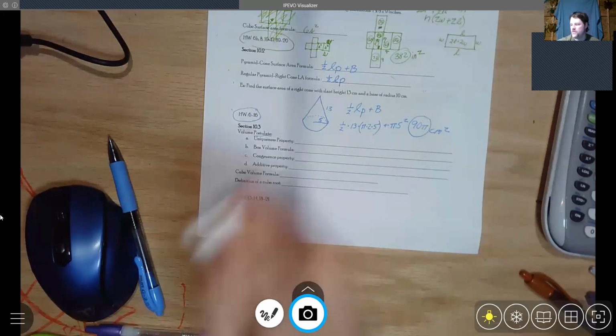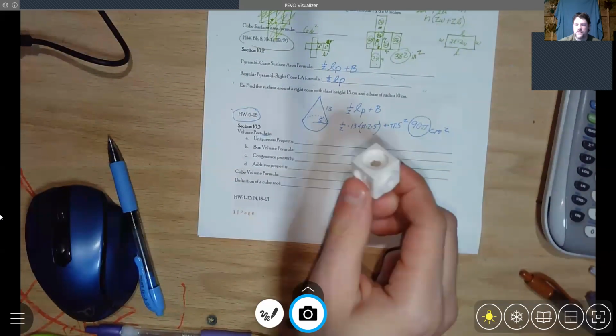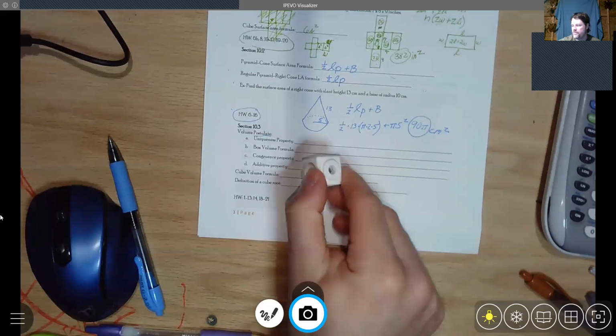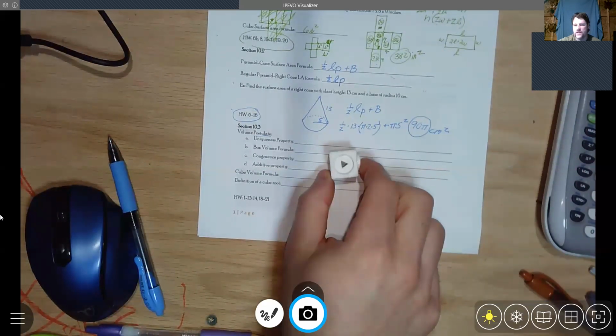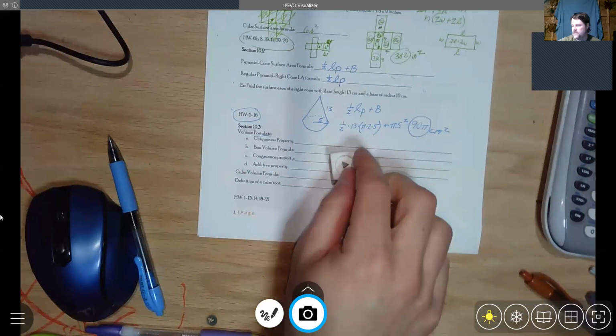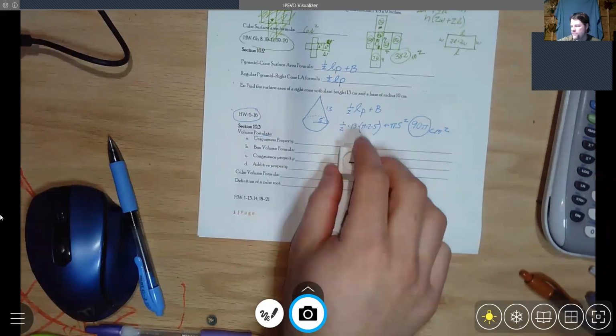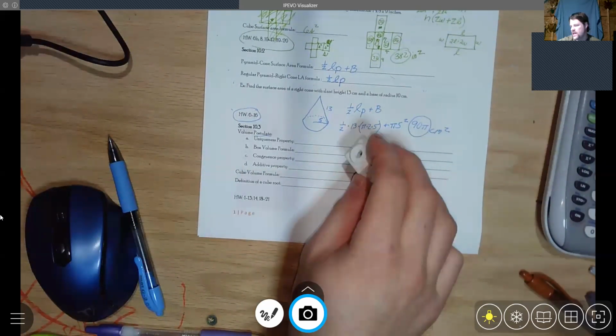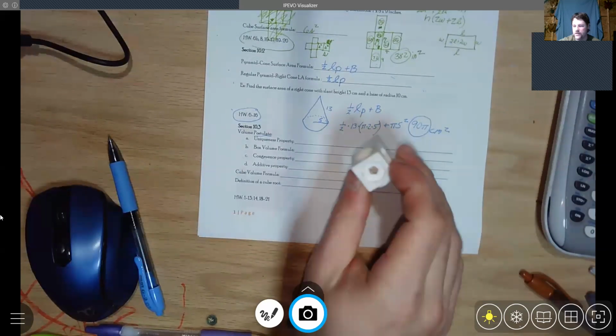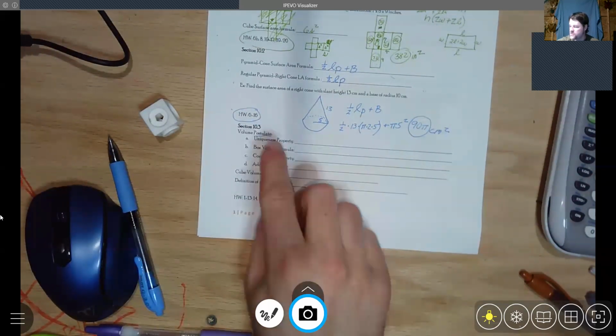So for example, if I were to find the volume of this cube here, it would only have one answer. It can't have four different volumes. It only has one volume. It's unique. So that's the first one.